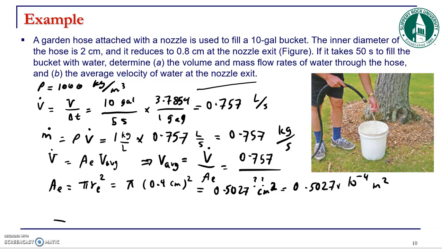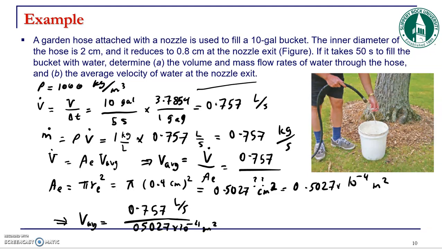So average velocity is equal to 0.757, which was your volumetric flow rate, in liter per second, divided by your cross-sectional area, which is 0.5027 times 10 to the negative 4.